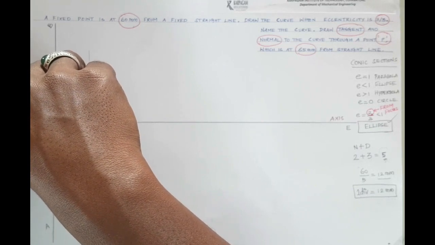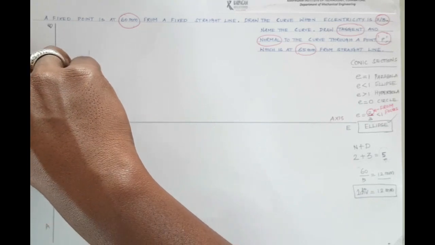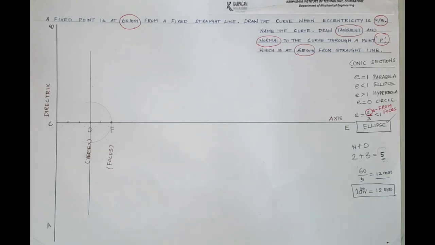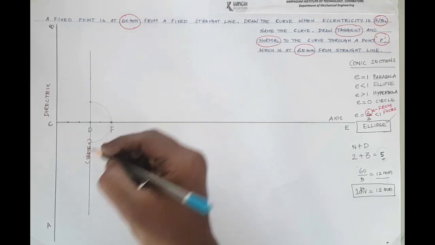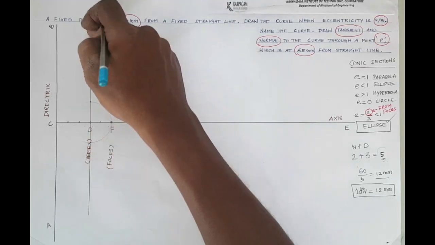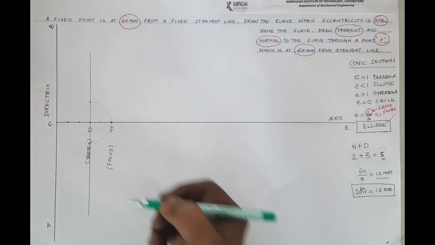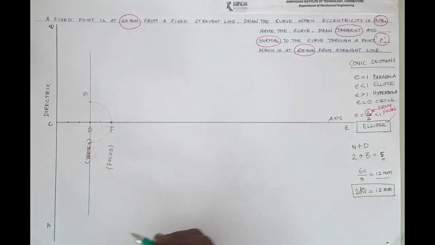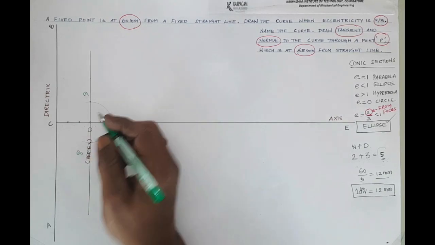This arc cuts the already drawn vertical line at the top area and bottom area. Thereby it creates 2 points, one at the top and another at the bottom of this vertical line. Then give names to those 2 points. The top point is capital G and the bottom point is capital G1.